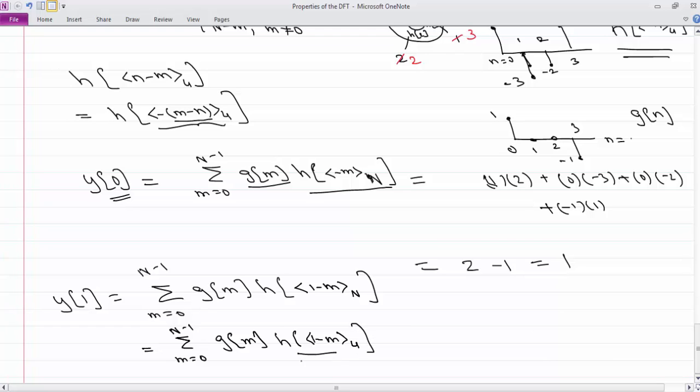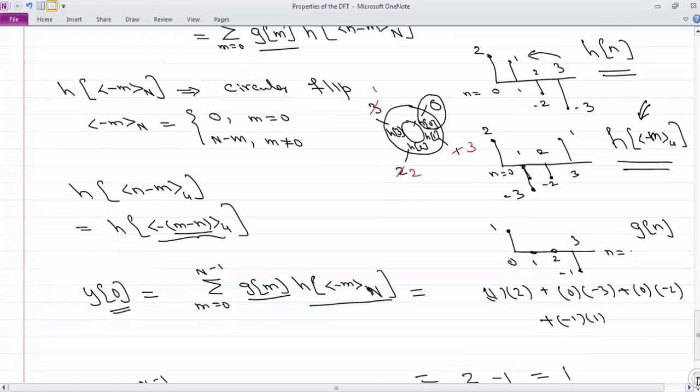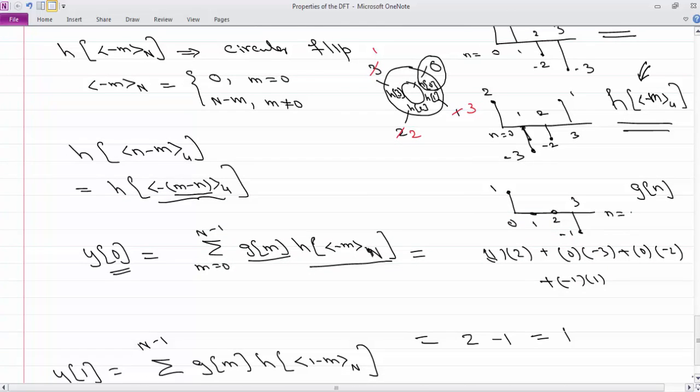You can calculate this 1 minus m mod 4 by hand because we know the mod formula. But here is the simple thing. Once you have this circular flipped version, I can write it as minus m just to make it simpler. It's just a dummy variable. I'm now looking at 1 minus m, which is equal to minus m minus 1.